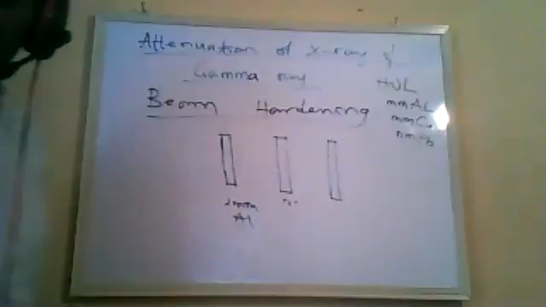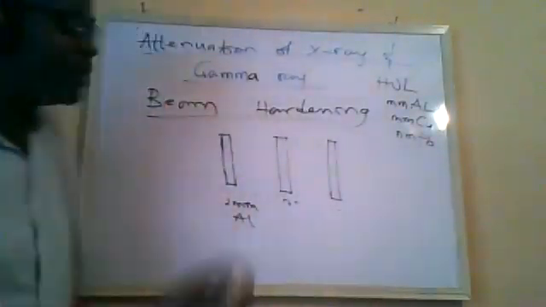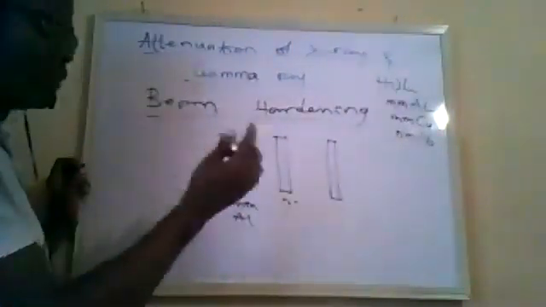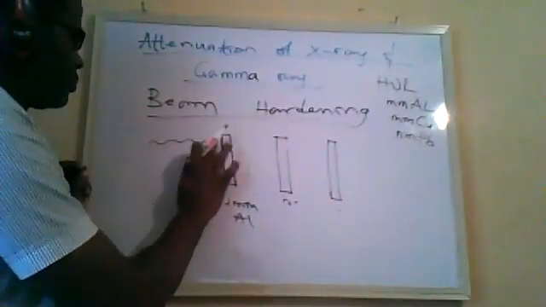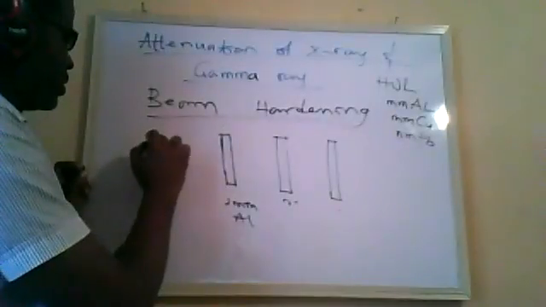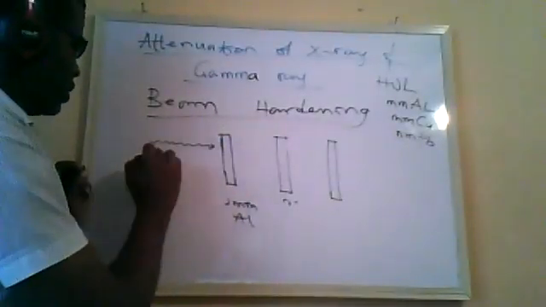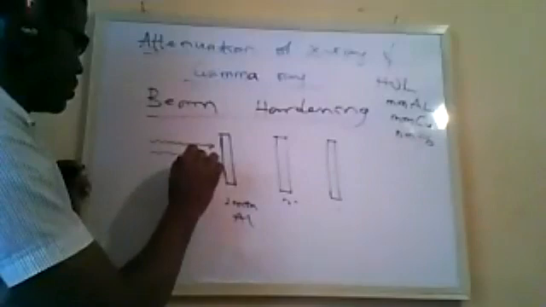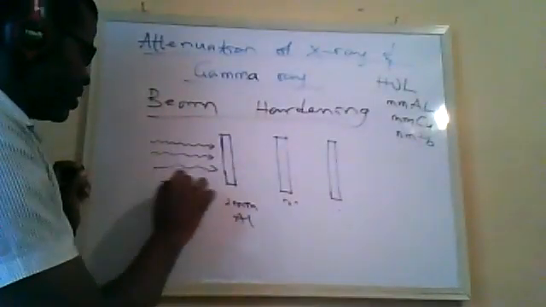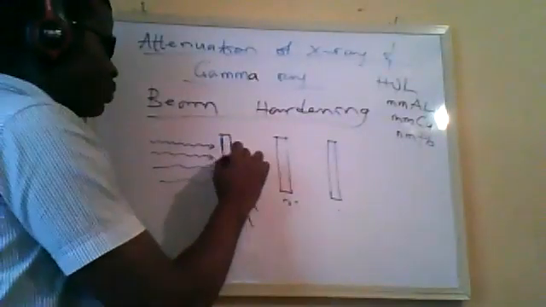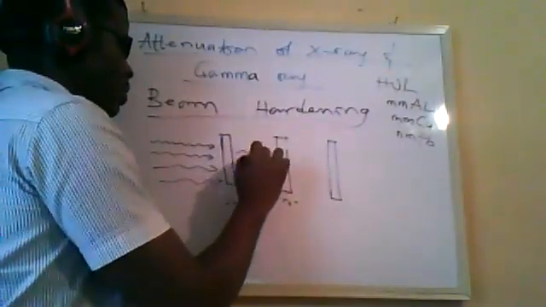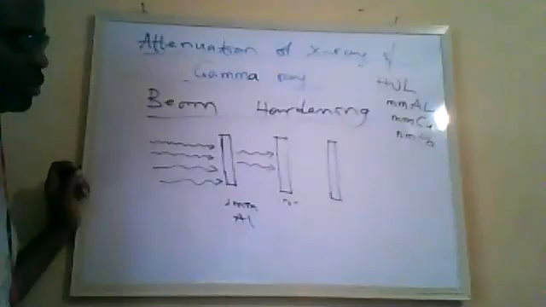We have a polyenergetic beam passing, with so many energies: higher energy, intermediate energy, let me say 4 energies. It encounters this, and at the end of the day you might have just the more energetic ones passing through.